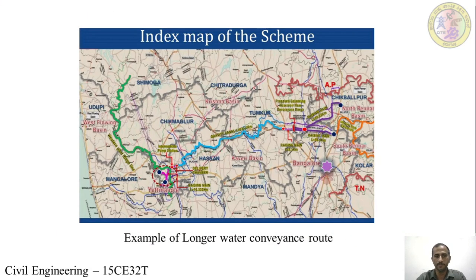In some cases, the water is to be conveyed to a longer distance from the source. As you can see in this index map of the Yettinahole project, the water from the Western Ghats is conveyed to the eastern districts of Chikballapura and Kolar through a longer distance of more than 270 kilometers.